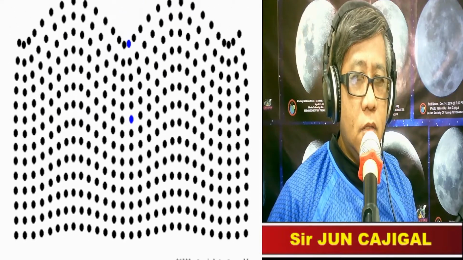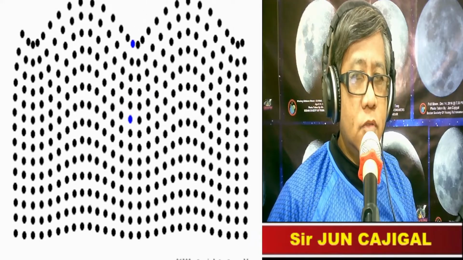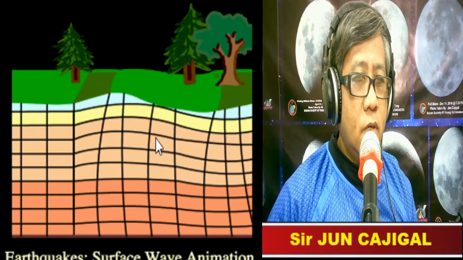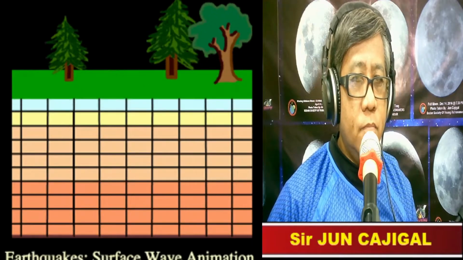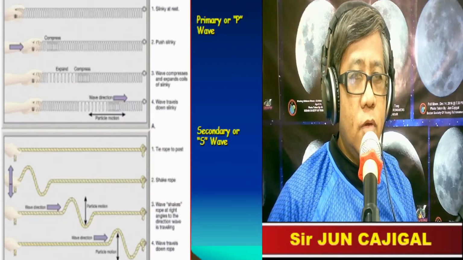The blue dot exhibits circular movement, or there is a rolling motion of the blue dot. That's how we describe the movement of the rock particles as the surface waves travel through the rock medium. Okay, and this will do more damage as compared to the S wave and the primary wave.